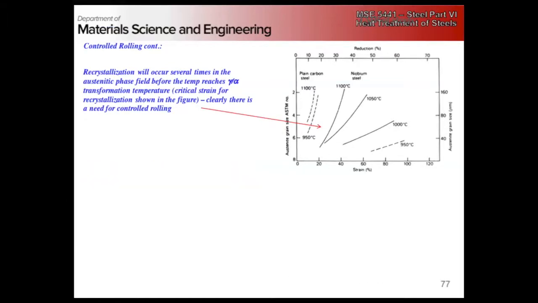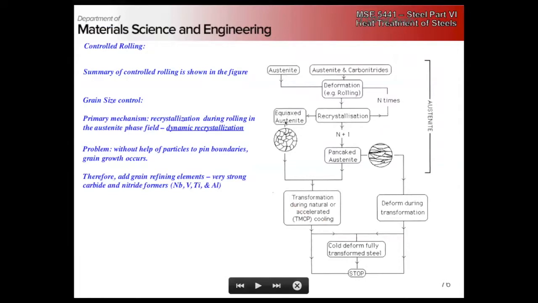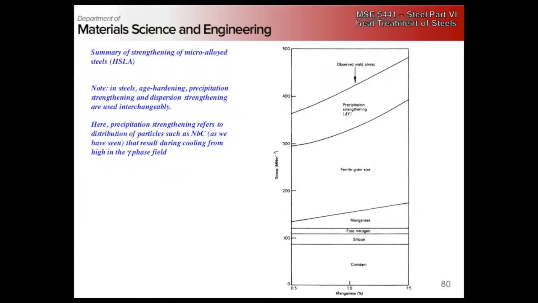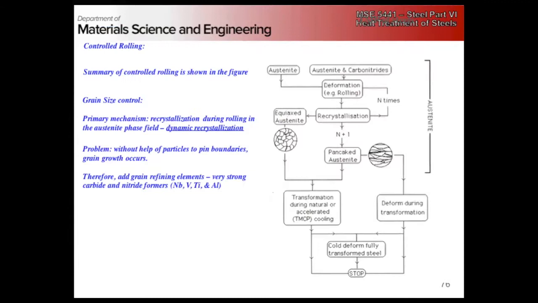Going back to the flow chart, we have two options. If we stop rolling when we're in the high temperature regime, while we're still in the austenitic regime, we're going to have a fully recrystallized equiaxed austenite structure. If we keep rolling as we cool down, we're going to reach a point where we're not really dynamically recrystallizing anymore.